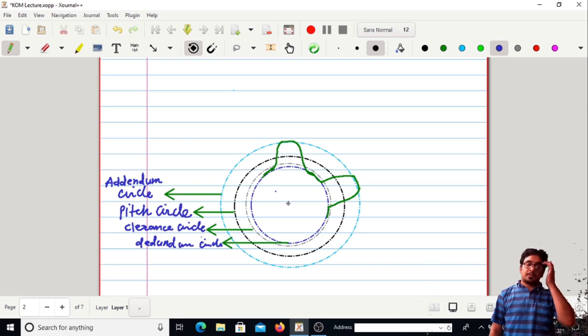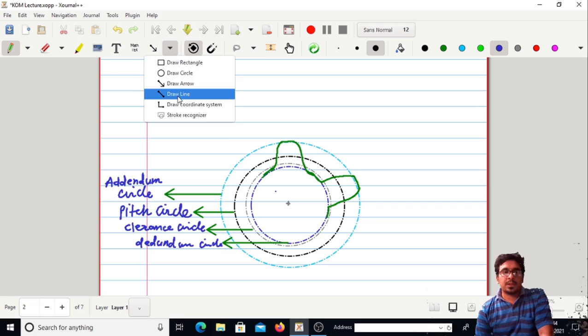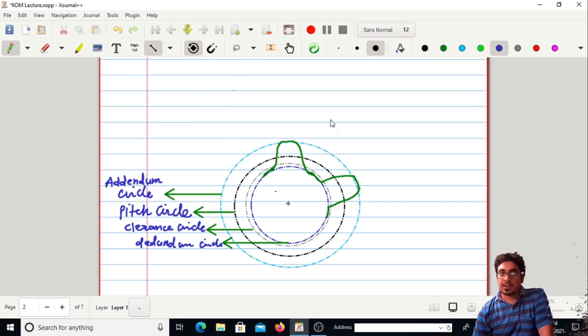Now if we measure radially the distance of this outer circle with respect to this pitch circle, then this distance is called the addendum. And if we measure the radial distance of the lowest circle from the pitch circle, this is termed as the dedendum.